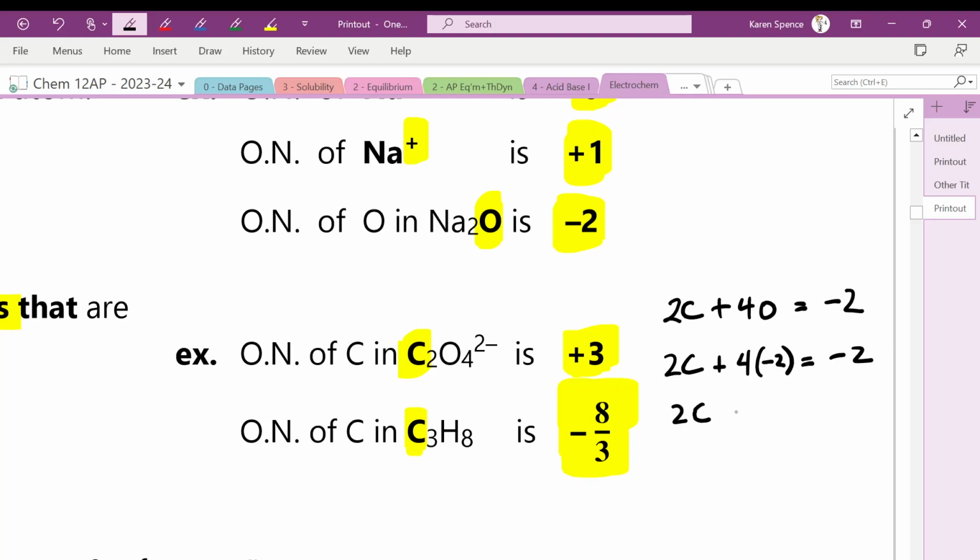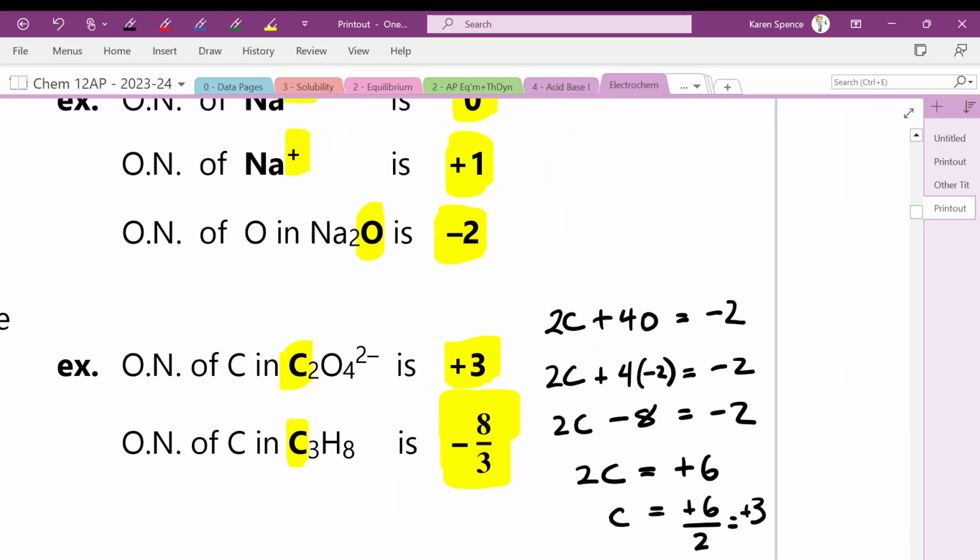So I have 2 carbons minus 8 equals -2, and so 2 carbons is equal to +6. So carbon is equal to +6 over 2, which is equal to +3. Did you follow that? So that's how we figure them out.